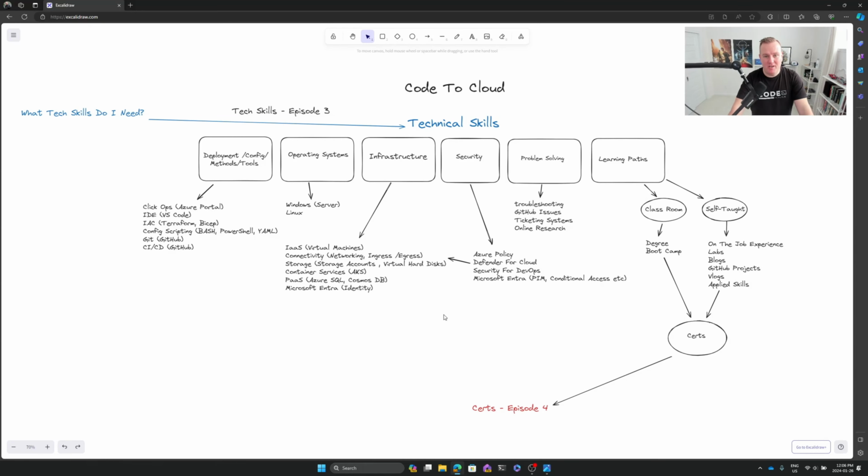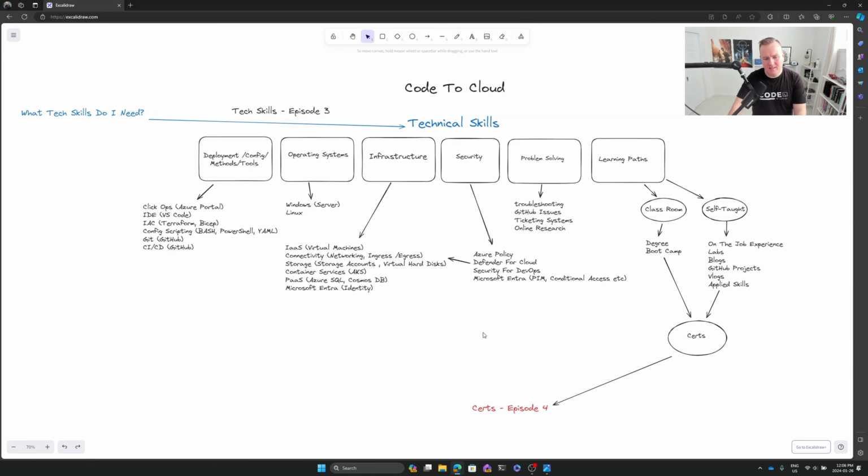Now, I came from a Windows AD background, so I've been working with Active Directory for 15 years, probably more. Azure AD or Microsoft Entra is a completely different beast. It's a cloud native identity service for cloud native services in Azure, right? So very powerful, and it's something that you should really look into.